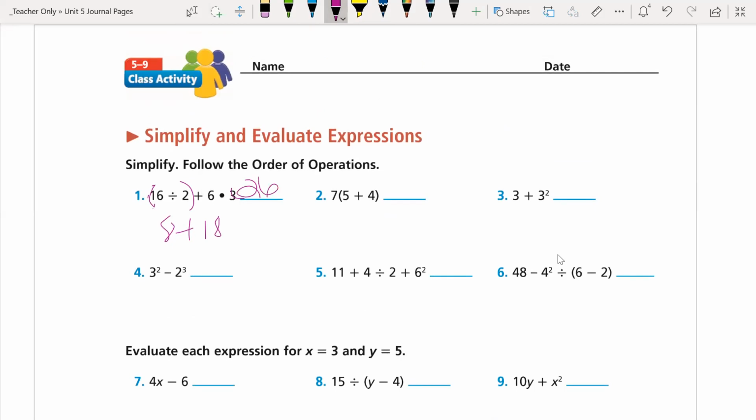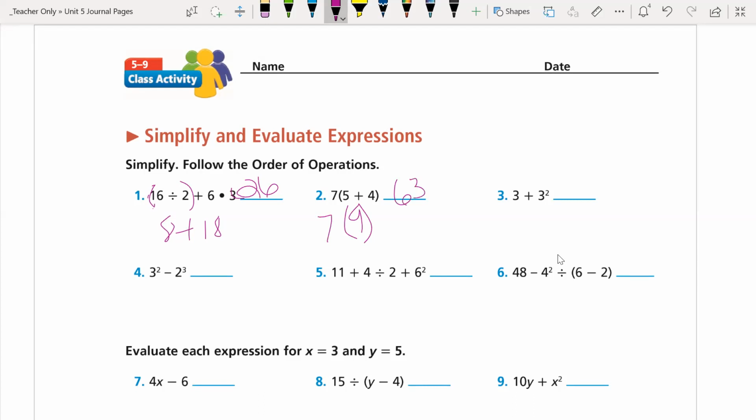Okay. Same thing, I can use the distributive property on this, and I can do 7 times 5 plus 7 times 4, which is 35 plus 28. Or I can just do 5 plus 4, which is 9, because that's what's inside the parentheses, times 7, which is 63.